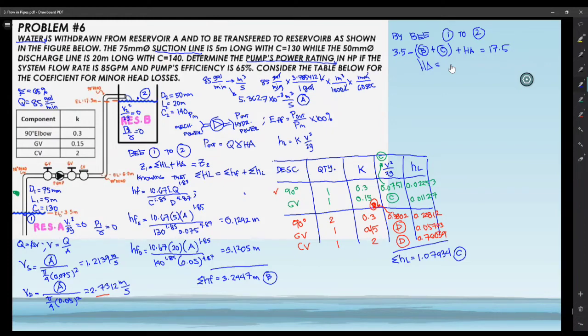So, 17.5 minus 3.5. And then, i-add na natin yung beta at yung Charlie since transpose natin. So, plus beta plus Charlie. So, the answer is 18.32404 meter.